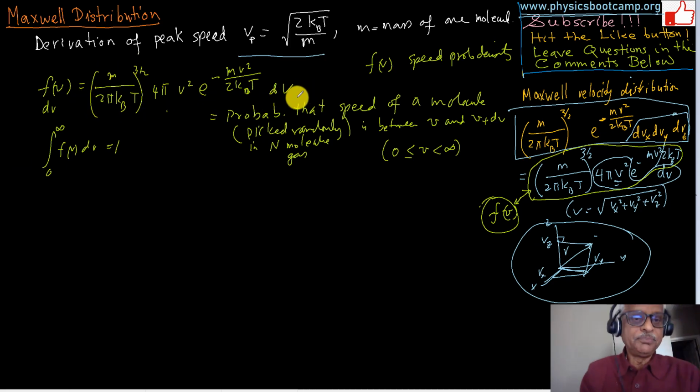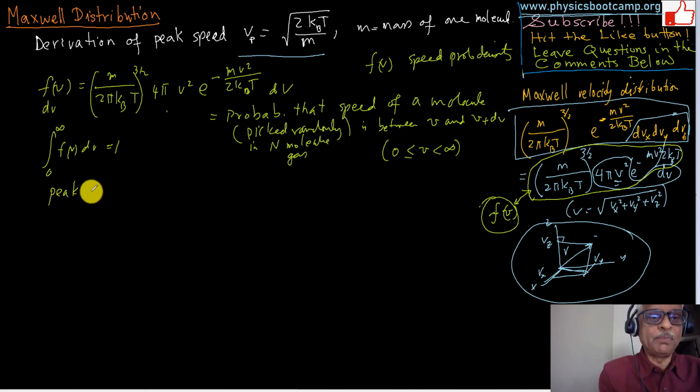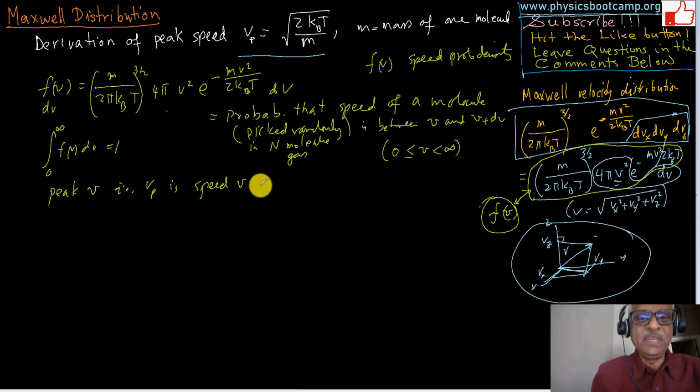All right, the peak v, that is vp, is the speed v when fv is maximum.